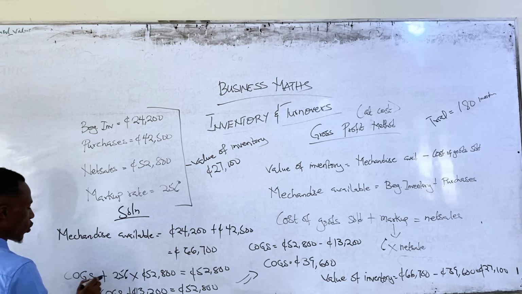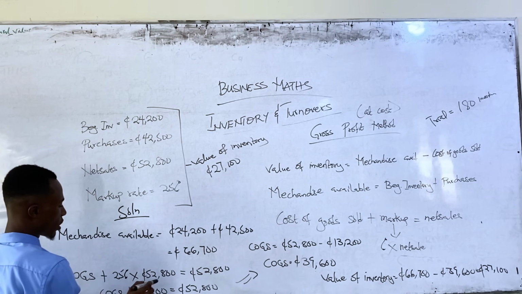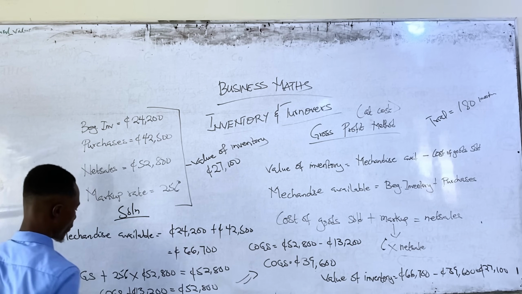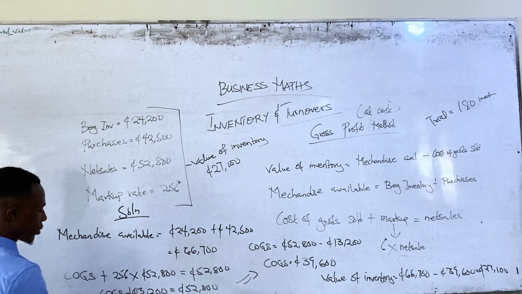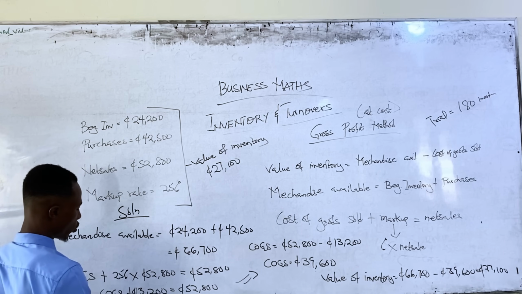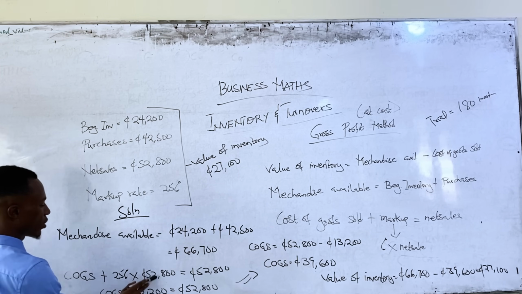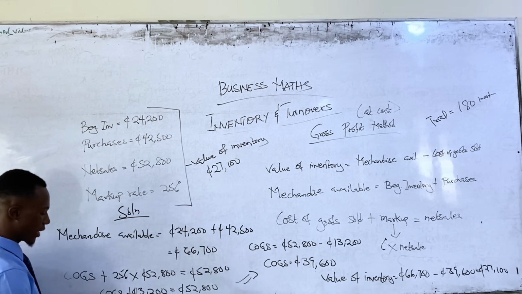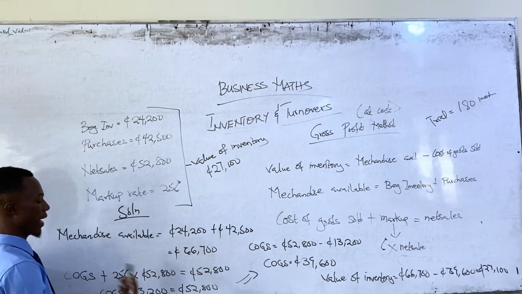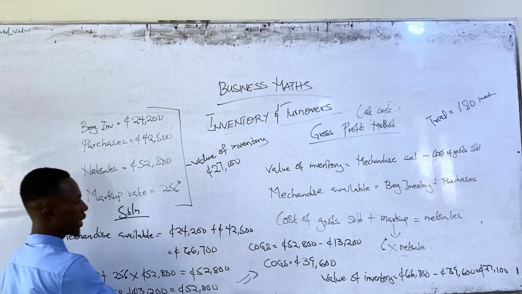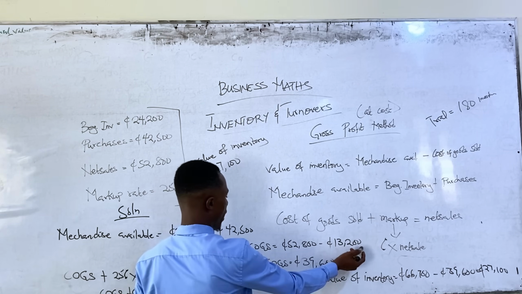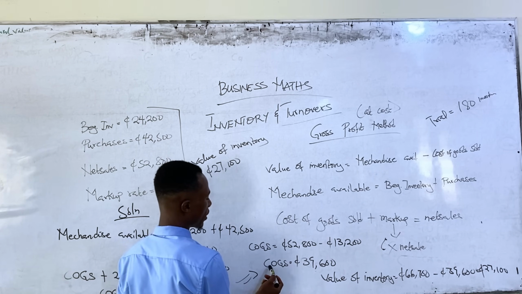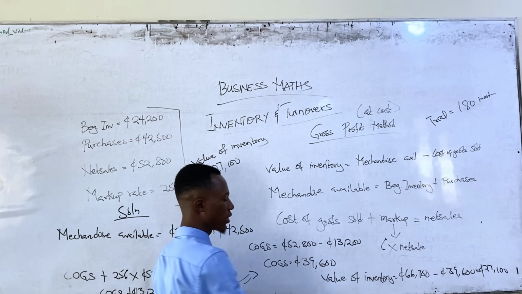COGS plus 25% times this will give you 13,200, equal to the net sale. So after getting this, it means you can group like terms. This can go to the other side. That is what we did here. And we realize our COGS is 39,600.